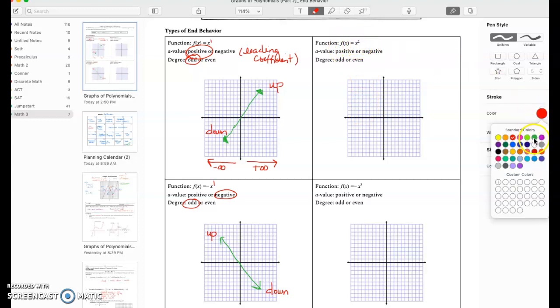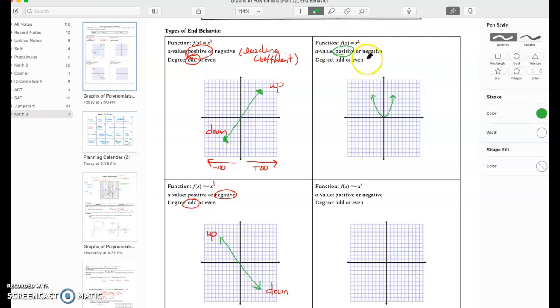If you remember from our studies of quadratics, we are at 0, 0 for the vertex. And if it's positive, we haven't reflected across the x-axis, so our leading coefficient would be a positive number. And in this case, our degree is even. So x to the second power, 2 is an even number.